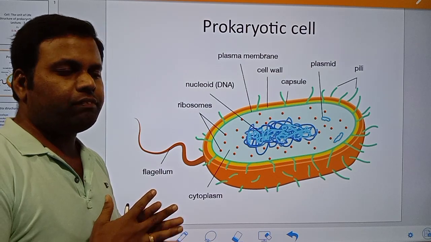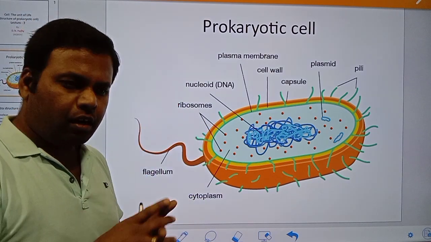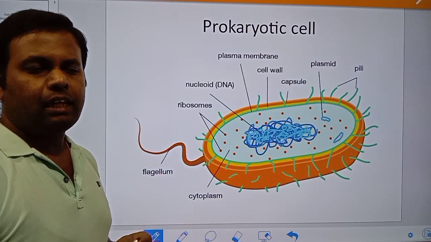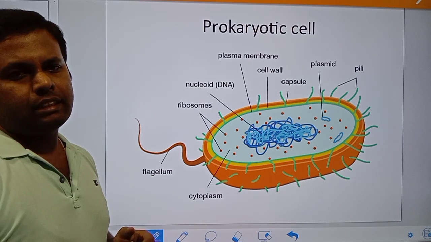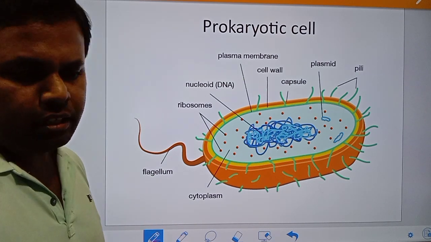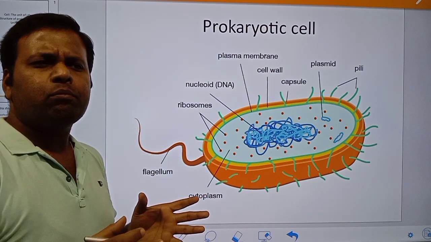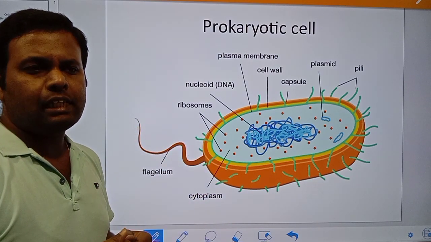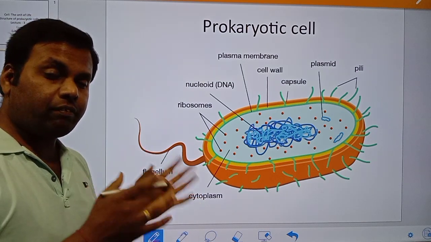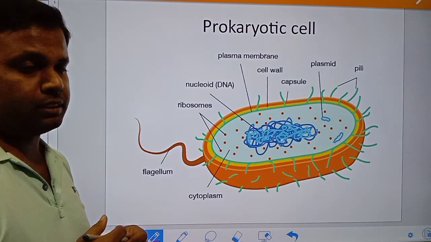We will go for the first one. The outer coverings of this cell together are called the cell envelope. The cell envelope is the outer covering that mostly protects the underlying cell, and it is also associated with different functions, which I will discuss in later parts.